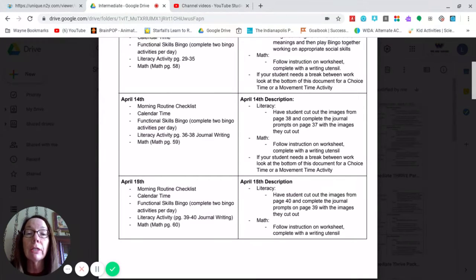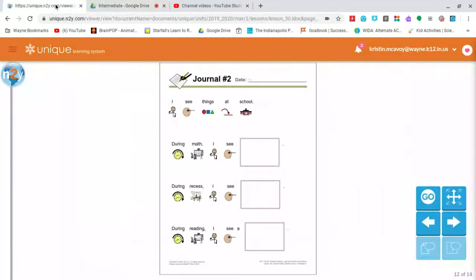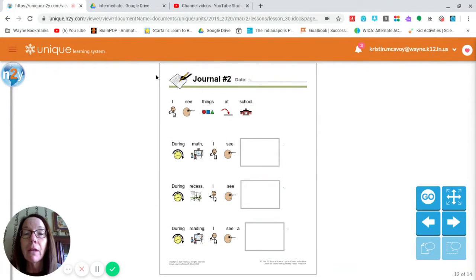Page 37 is this page right here, where is the writing journal. And page 38 is the choices, where you will select your answer to fill in each of these rectangles. So, are you ready to get started?